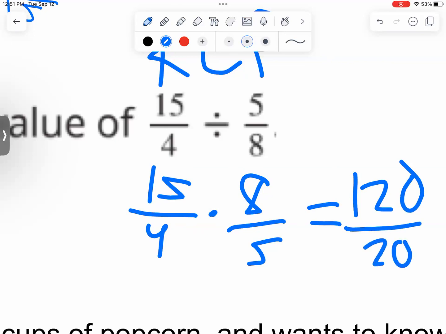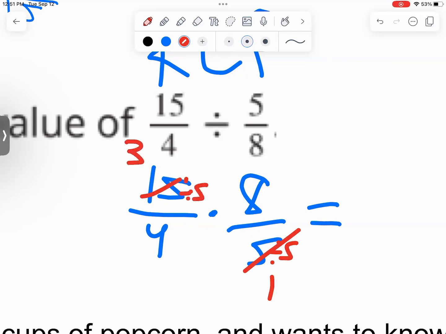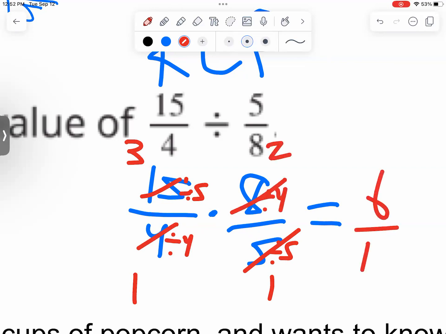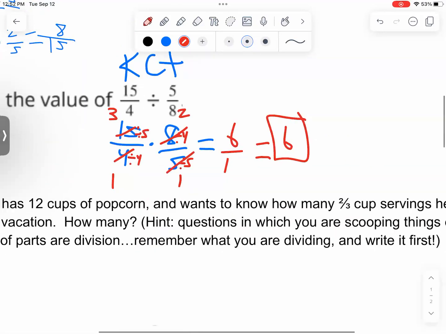I prefer to simplify before I multiply, so that rule does apply here too. We divide by 5 and get 1, divide by 5 and we get 3, divide by 4, we get 1, and we divide by 4 and we get 2. So we get 6/1, or just plain 6. And if you had 120 over 20, that would divide to 6 also.